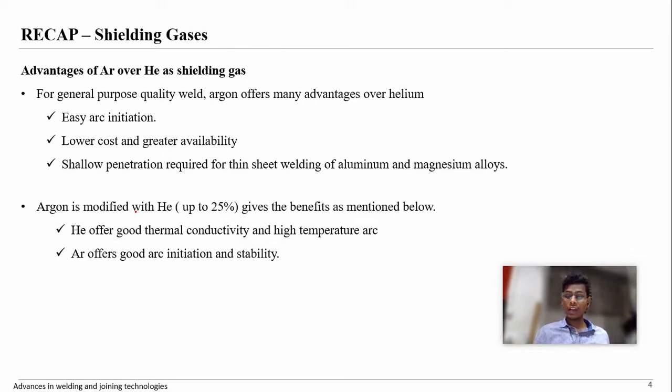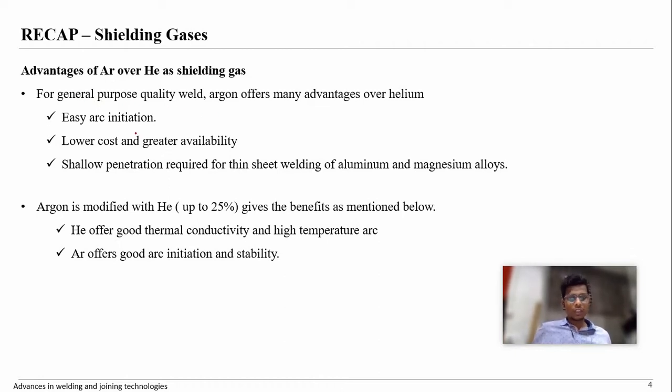Because of the higher ionization potential in helium gas, arc instability and difficult arc initiation occur, which we also discussed. Now, density is more in argon, so the flow rate is less. So economically, argon is cheaper compared to helium. So these are the advantages of argon over helium shielding gas.